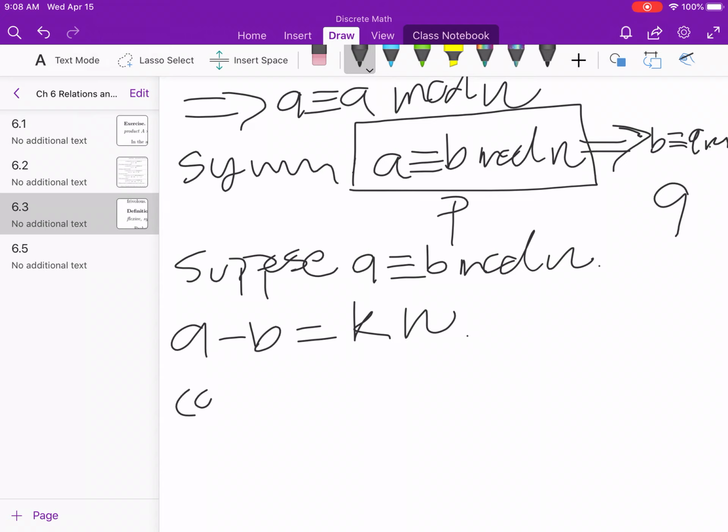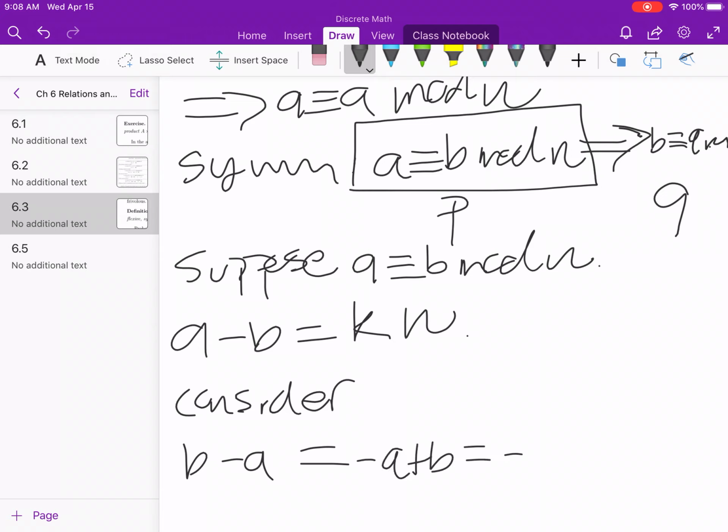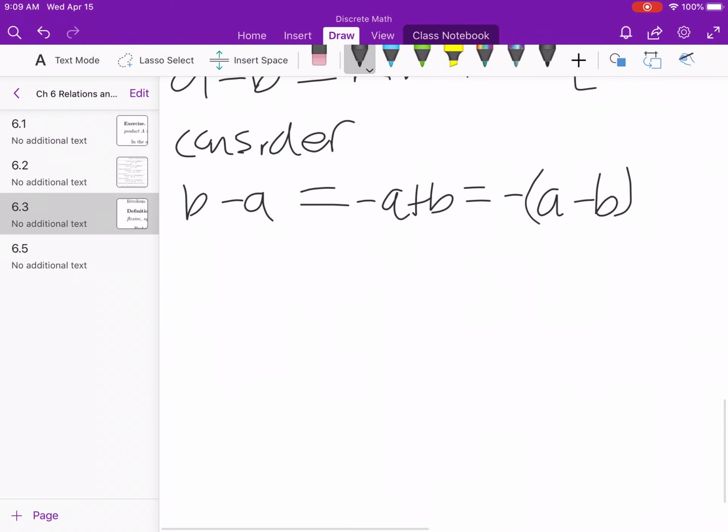Now consider B minus A. If I rearrange this and put the A in front, I've got negative A plus B, which is actually equal to negative, A minus B. Now, based on the equality that I established earlier, A minus B is equal to k times n, so I can say that's equal to negative k times n.